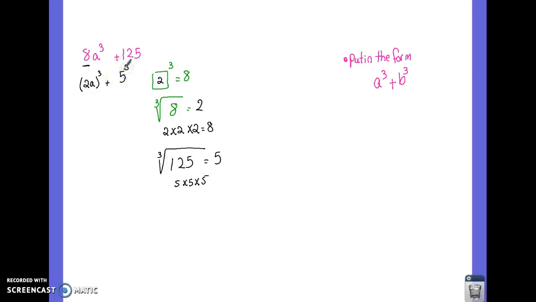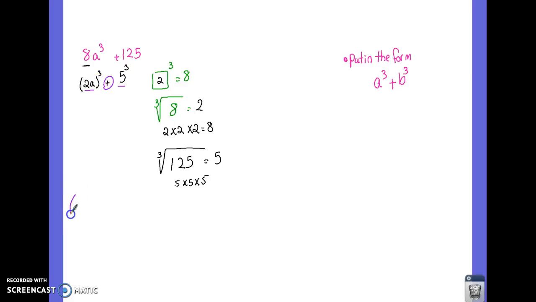So now I have it in the form of a cubed plus b cubed. Let's apply the rule. So we're doing sum of cubes.